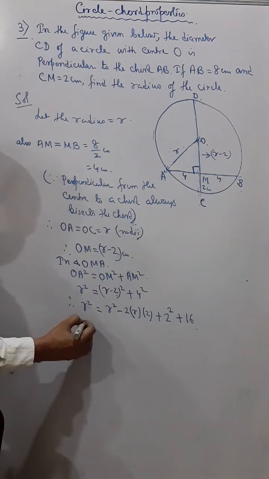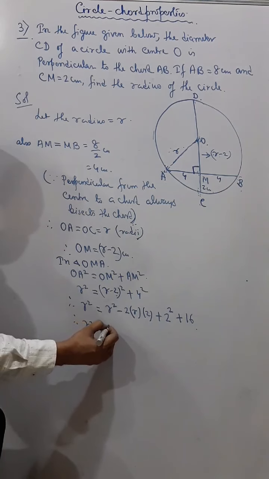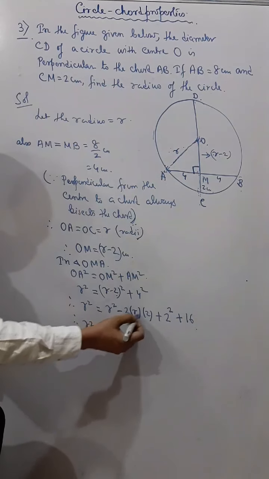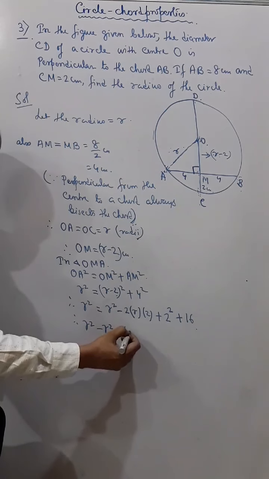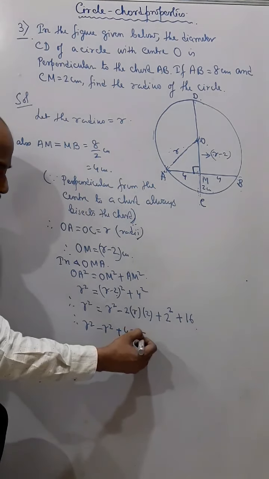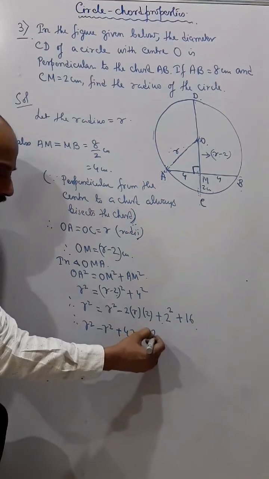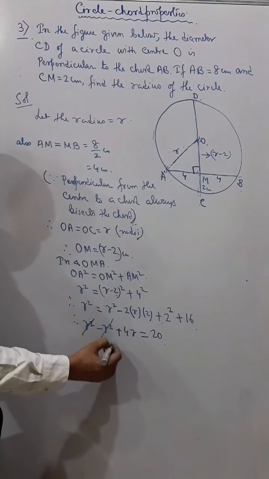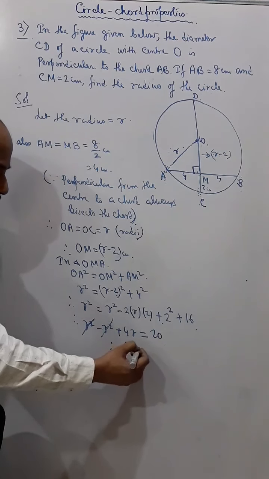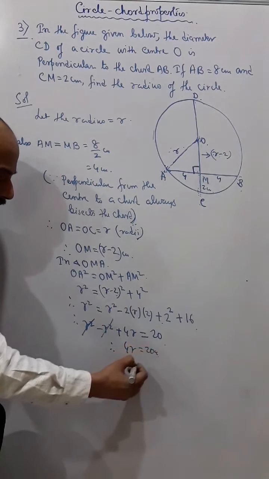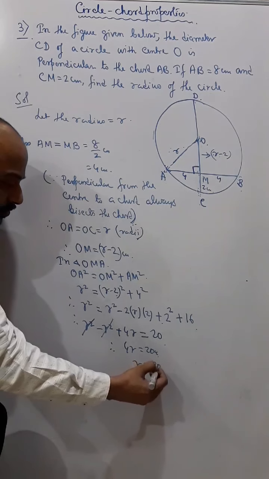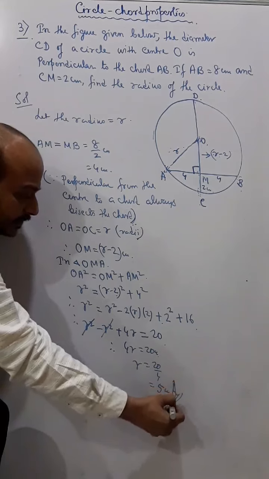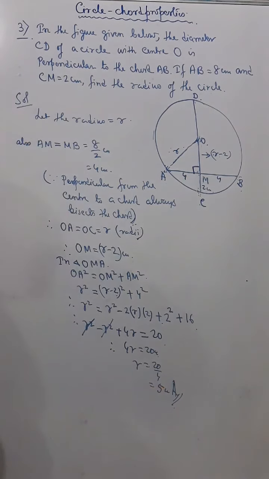So finally, bringing all R and R square to this side, it is R square minus R square plus 4R equals 16 plus 4, which is 20. Here R square and R square get cancelled. We have 4R is equal to 20 centimeter, and R is equal to 20 by 4, which is 5 centimeter. Okay, understand?